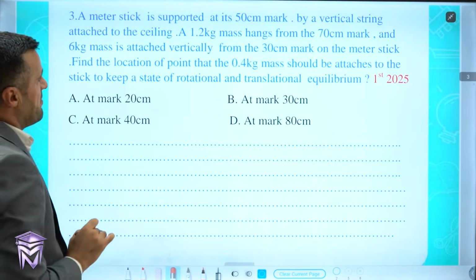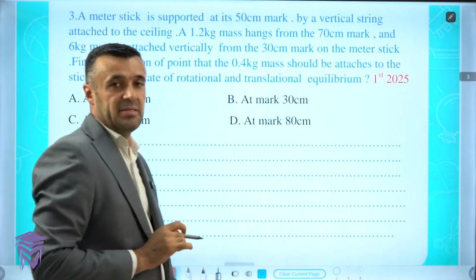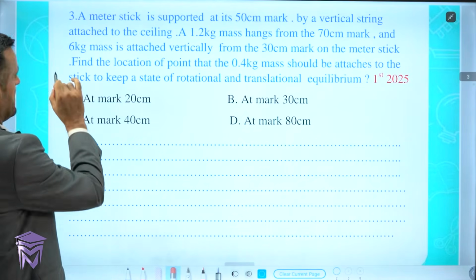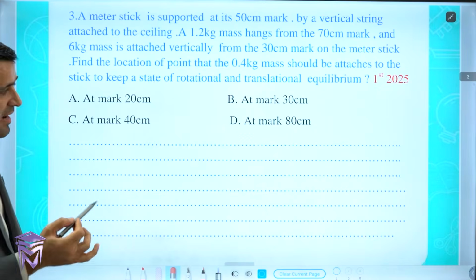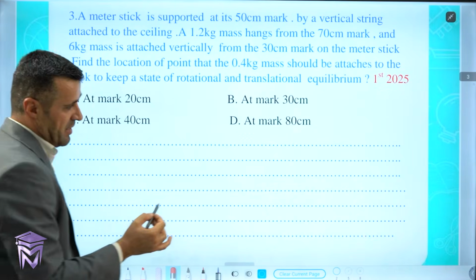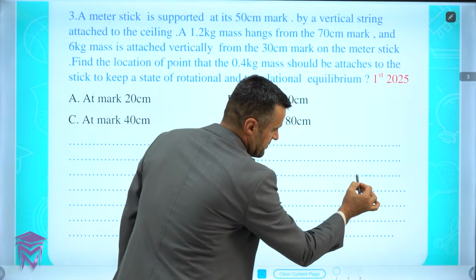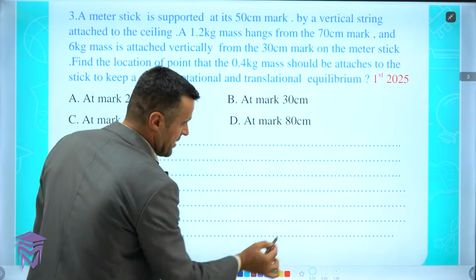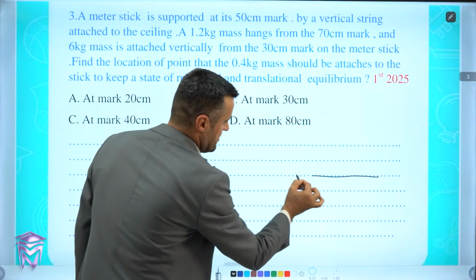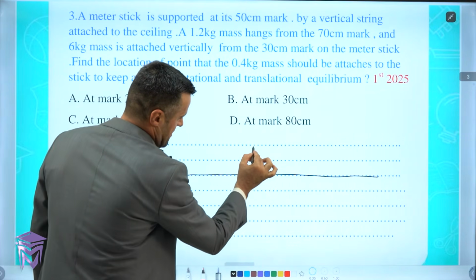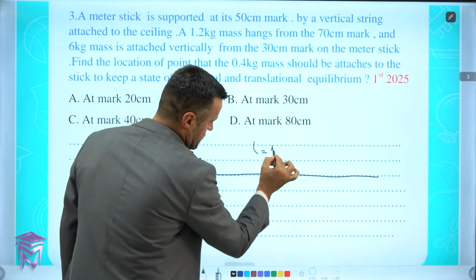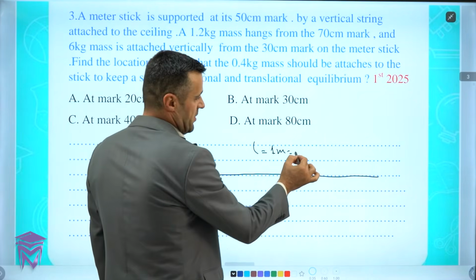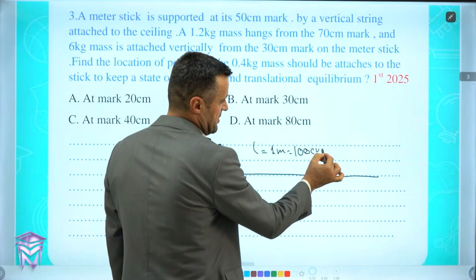A meter stick is supported at its 50 centimeter mark by a vertical string attached to a ceiling. At the beginning, we have to draw a stick. We have a stick of length 1 meter. But we have to convert to centimeter, so 1 meter equals 100 centimeter.